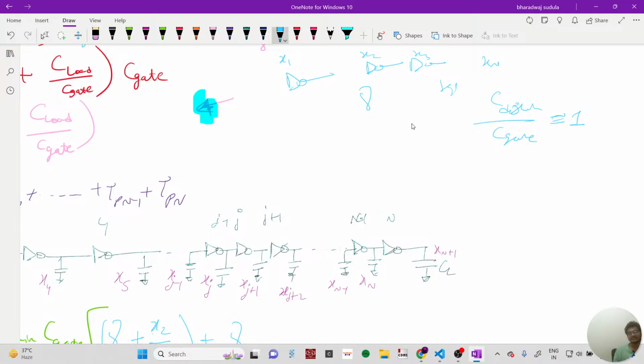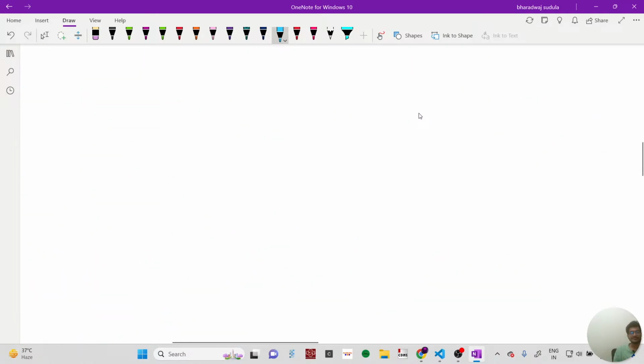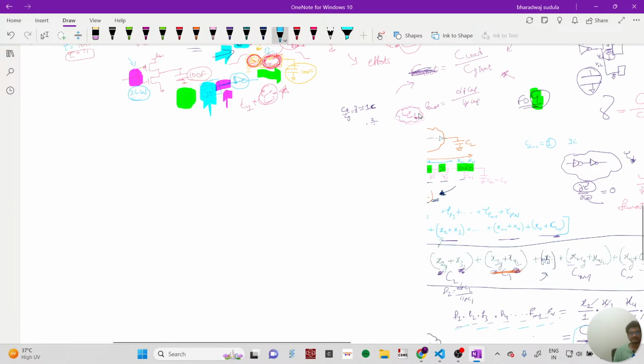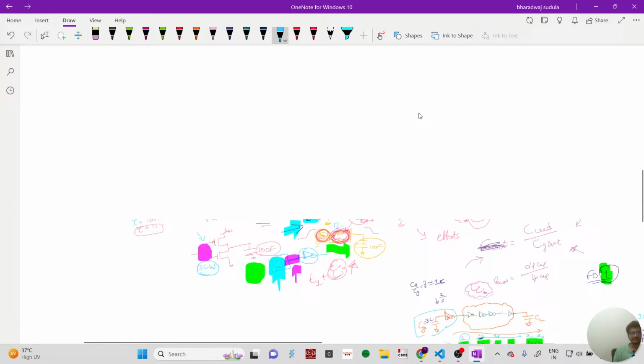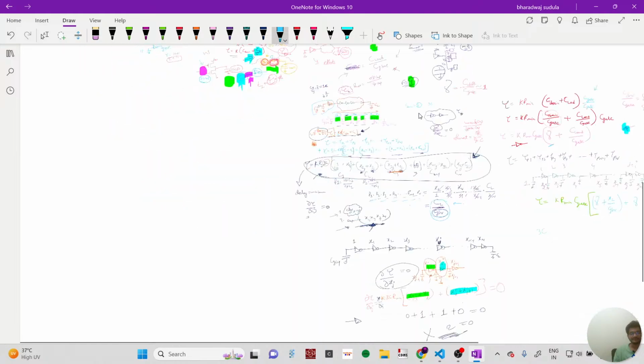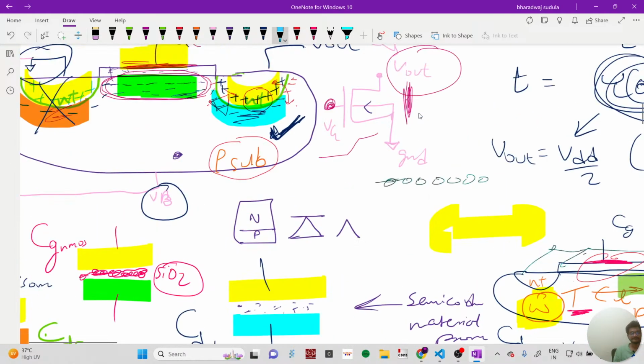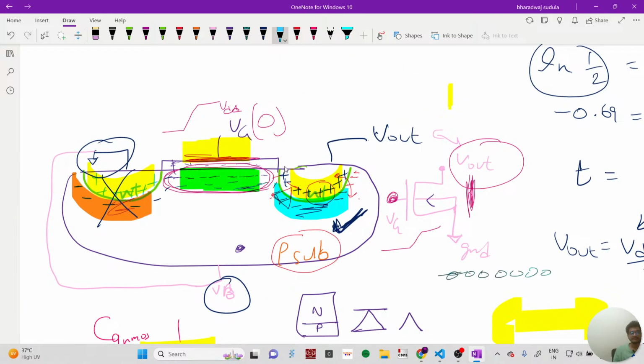Why? In CMOS, if you see this diagram, if you increase the width of the gate, you are also increasing the diffusion as well.